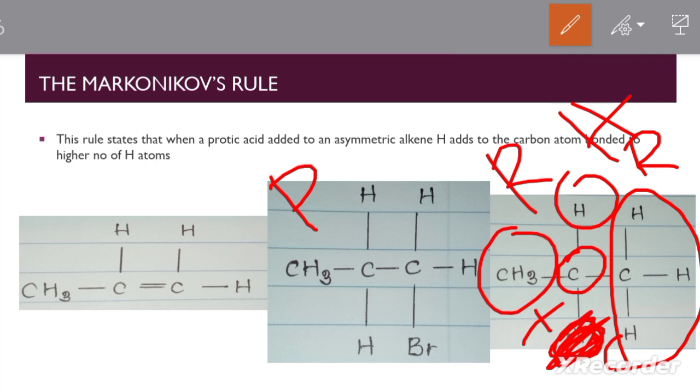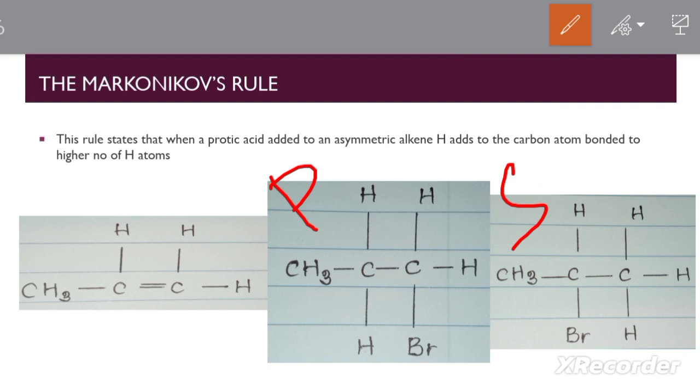So this is a secondary carbocation. So now you know that there are two possible products and one is primary and the next one is secondary. Out of primary and secondary, the most stable one is the secondary carbocation. So we have to mention this as the most stable one.